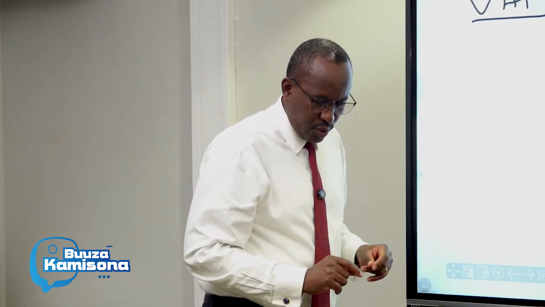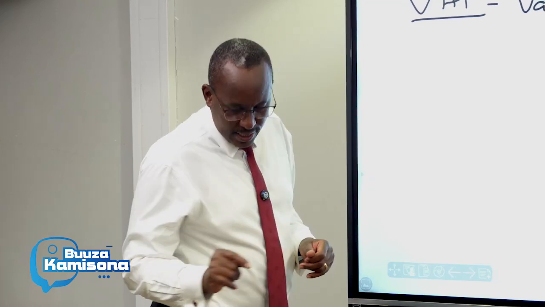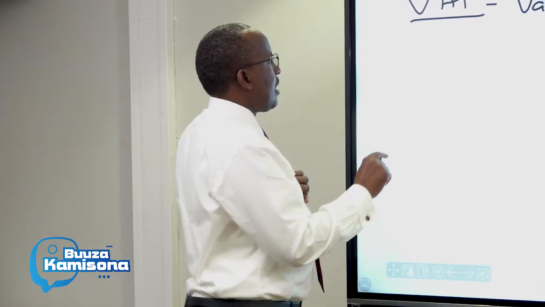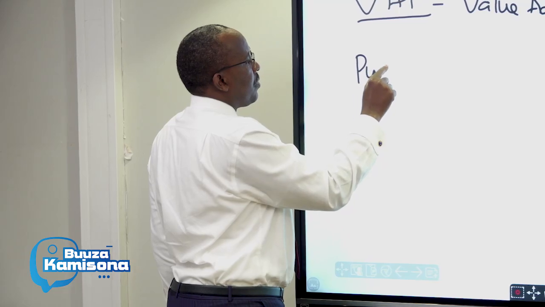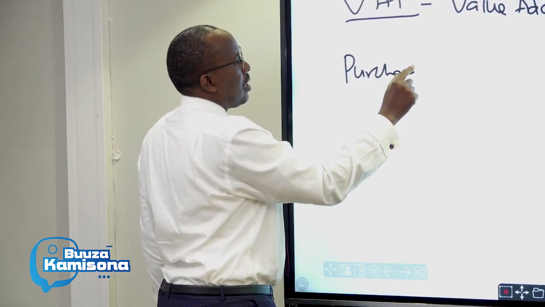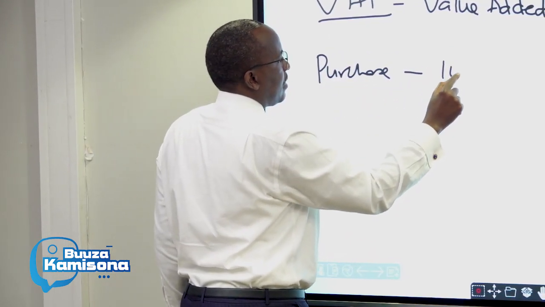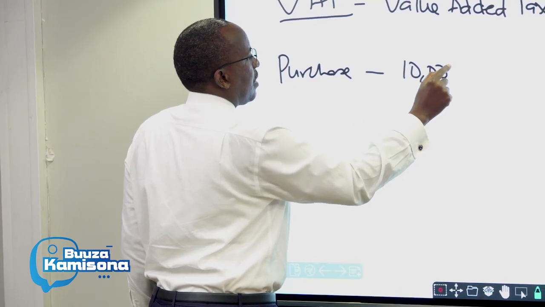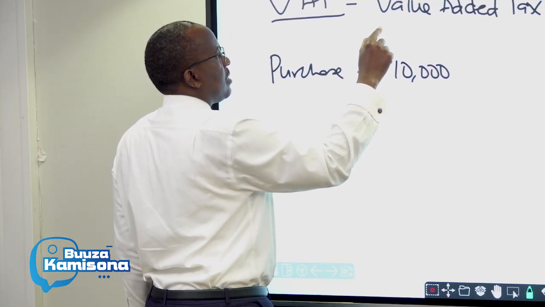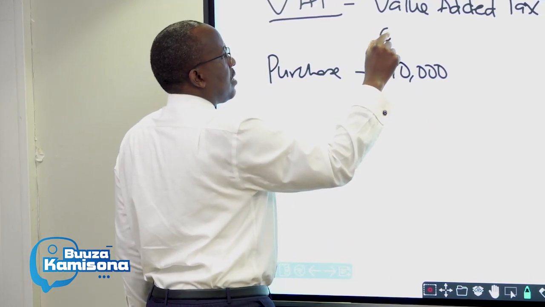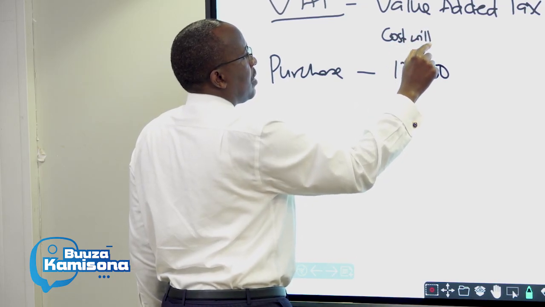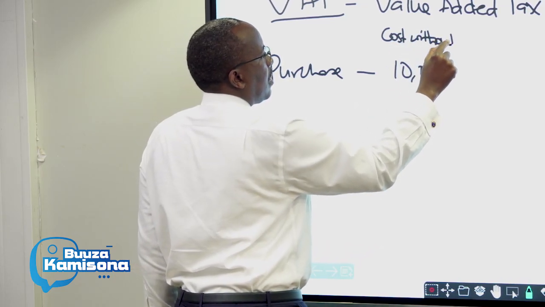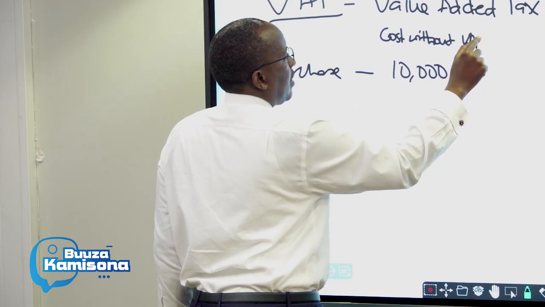For ease of computation, I would like to use easy numbers to follow. Supposing you have an item whose purchase value is 10,000 shillings without VAT. This is cost without VAT, okay?